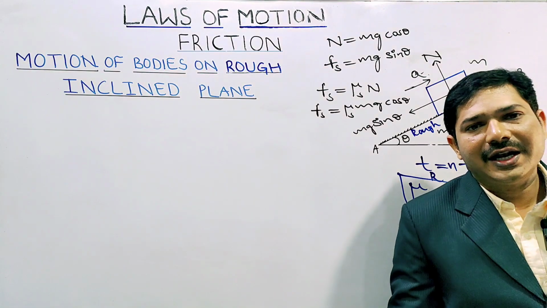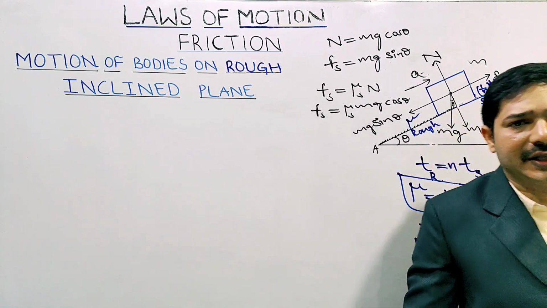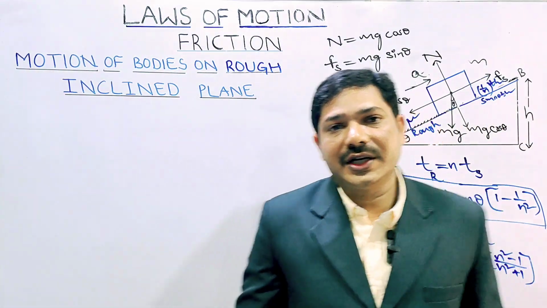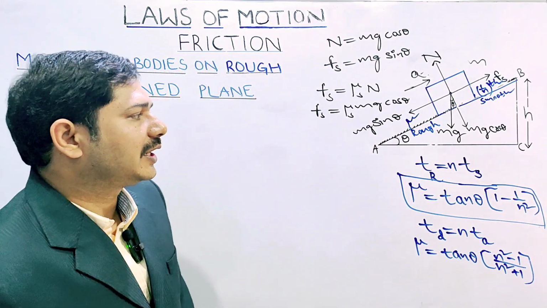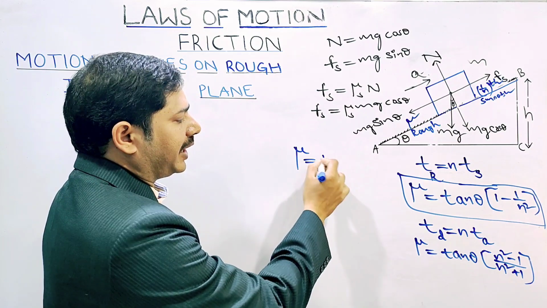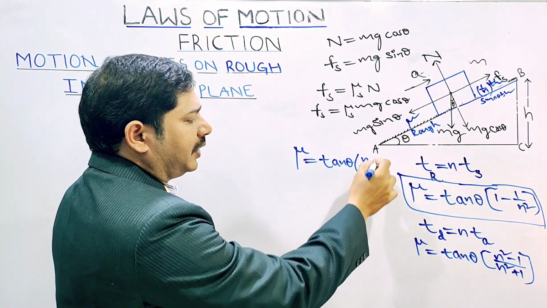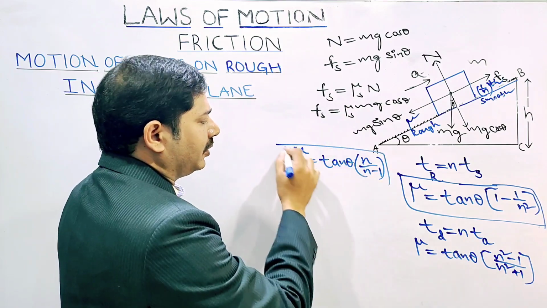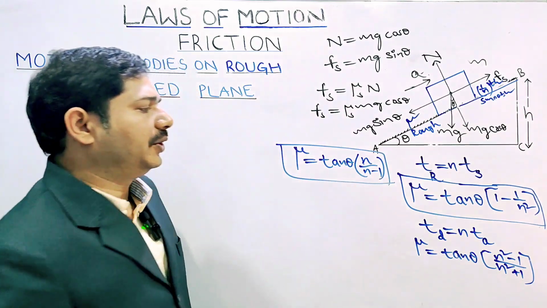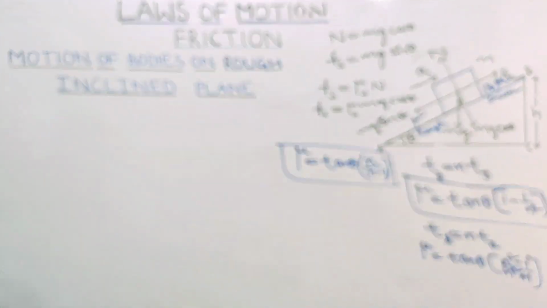They'll ask the coefficient of friction of this rough part. The formula is mu equal to tan theta into n by n minus 1.